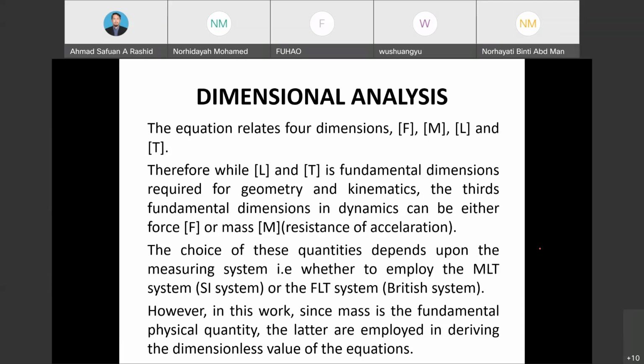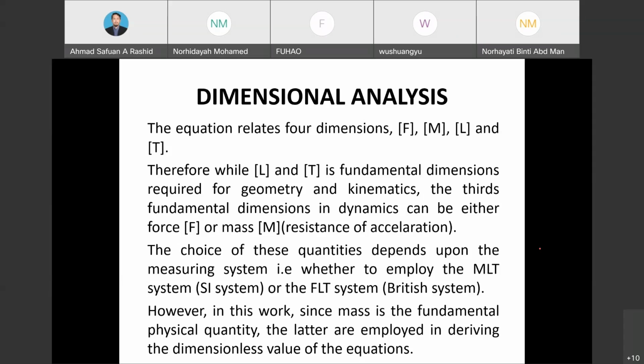Because if you use MLT, we have a maximum of three primary dimensions, where we have T, time, when we deal with kilonewtons or force. However, in this work, since mass is the fundamental physical quantity, the latter are employed in deriving the dimension values of the equation.